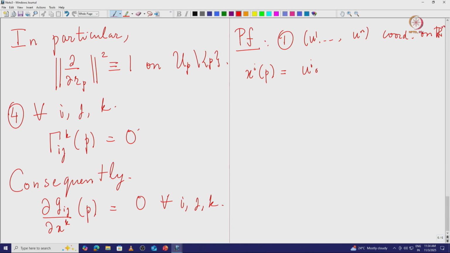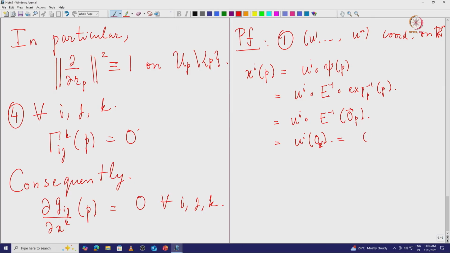So then by definition it is basically u^i composed with E inverse composed with the exponential map inverse, but the exponential map maps the origin to P. So the inverse will map P to the origin, but then E is a linear map, so it will map this to the origin in Rn, and of course the ith coordinate of the origin in Rn is 0. So each of these xi's are indeed 0.